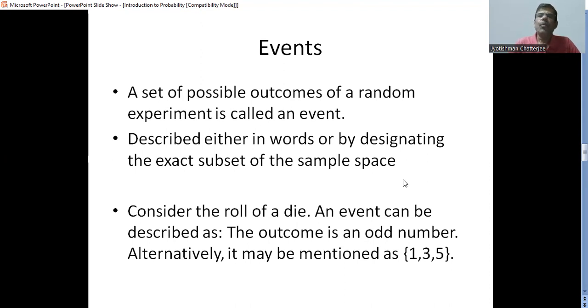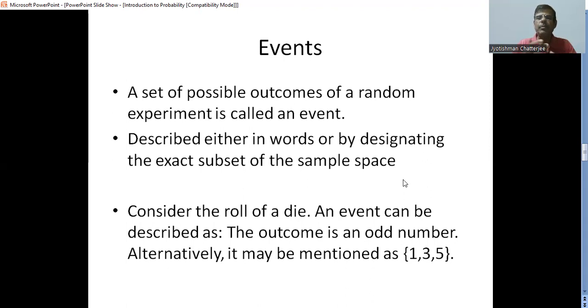Say we are rolling a die. If we consider the event, the outcome is odd, this is a specific event. What are the outcomes that are included here? The outcome can be either 1 or 3 or 5.